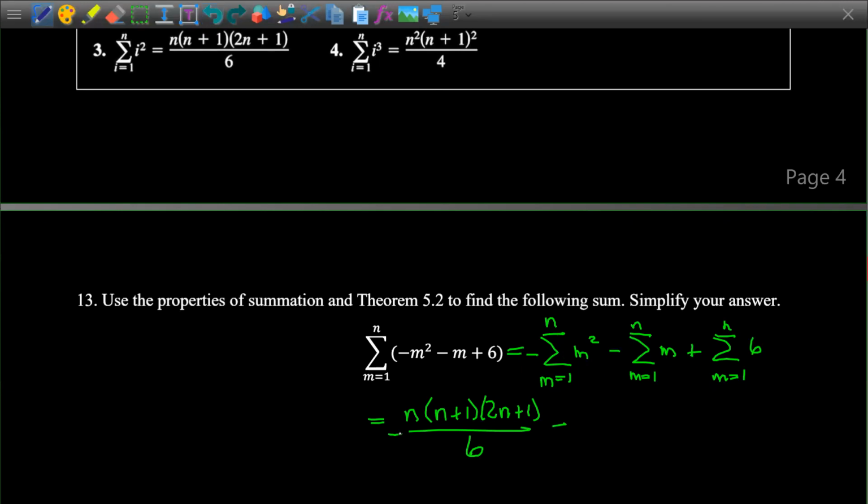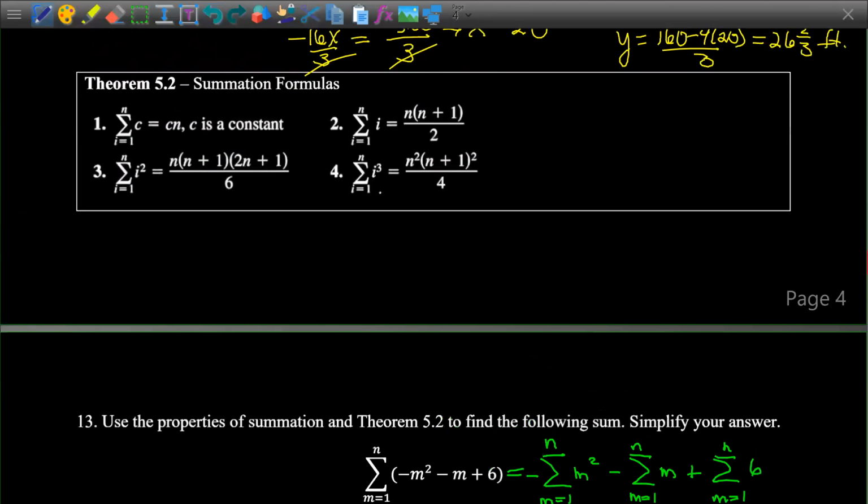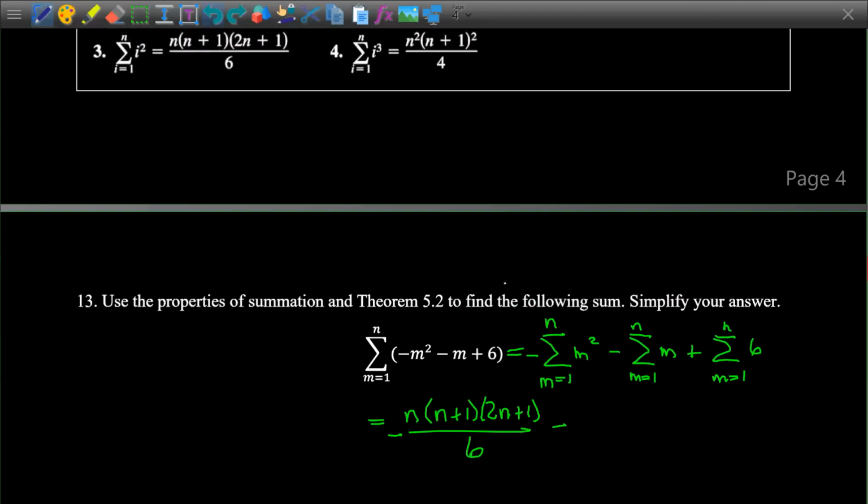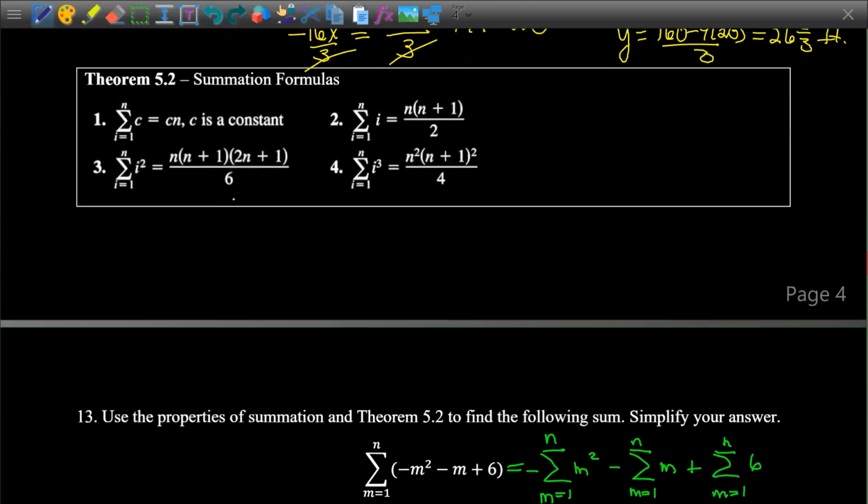This goes in front. So we have minus the sum of m. That is number 2, so this is going to be n times n plus 1 over 2. And then if we just add 6, n times, that's just going to be 6n. That would be number 1 in the theorem.